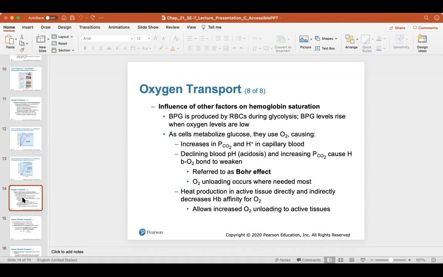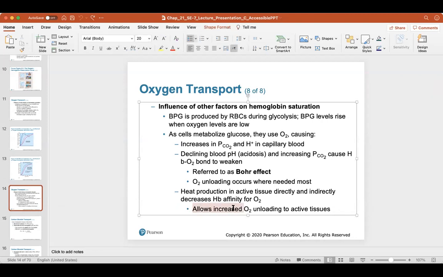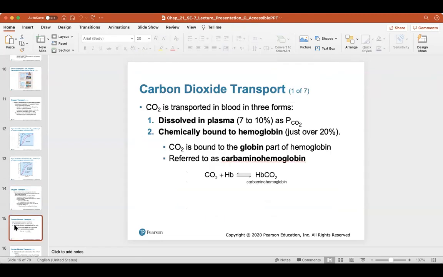And this is referred to as the Bohr effect. So oxygen unloading occurs where it's needed the most. Heat production in active tissues directly and indirectly decreases hemoglobin affinity for oxygen, and this just allows increased oxygen unloading to the active tissues.